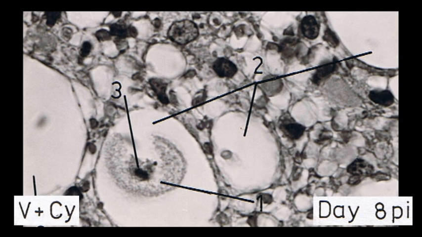So 79A is the same as 78A, higher power view. There's a degenerating axon in 1. There's an axon cylinder surrounding it in 2, and there appears to be an axonophage in the middle of that degenerating axon.